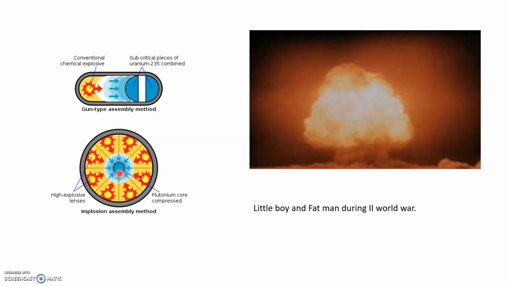This type of implosion technique is used in modern nuclear weapons. Here, the isotope plutonium-239 can be used in the core, and it can be compressed by chemical explosion. As its density increases many times, it can undergo a nuclear fission reaction.